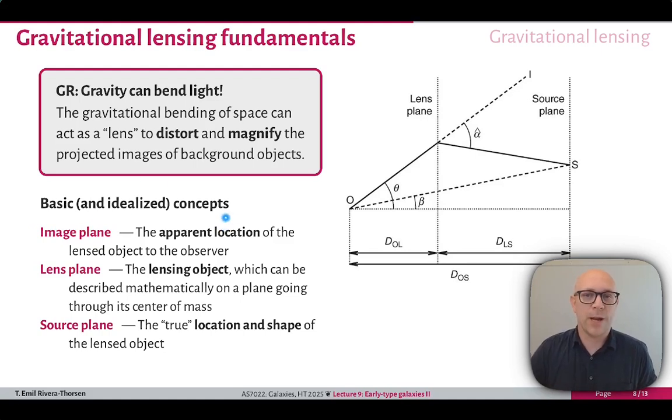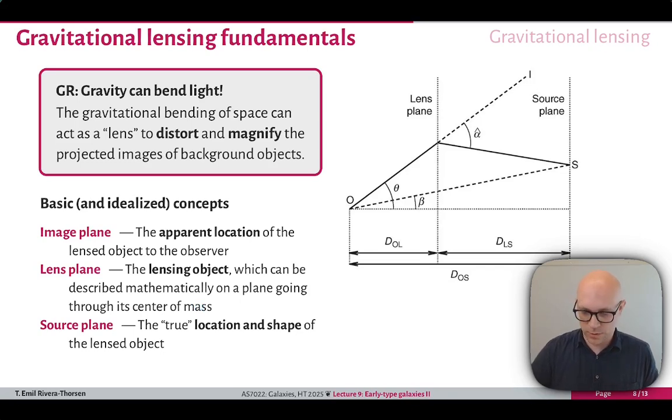So it is the apparent location and the apparent shape of the lensed object as it looks to us, unlike the source plane, which is the true location and the true shape of the lensed object. And the lens plane is the plane of, again, the lensing object itself.